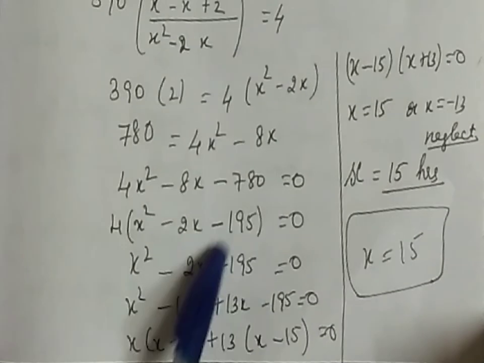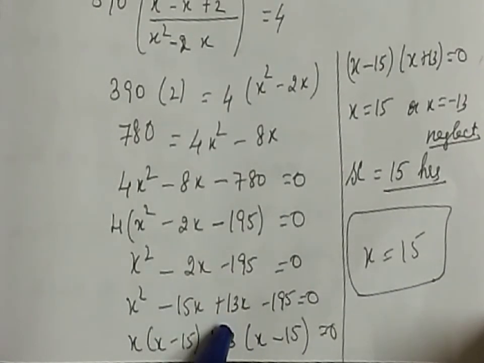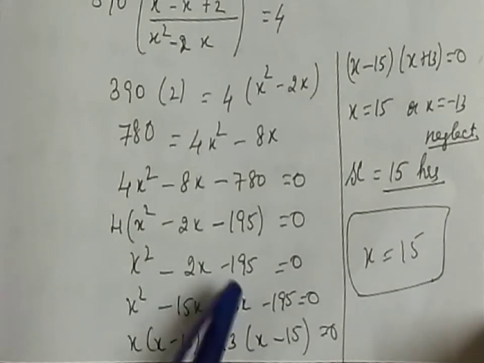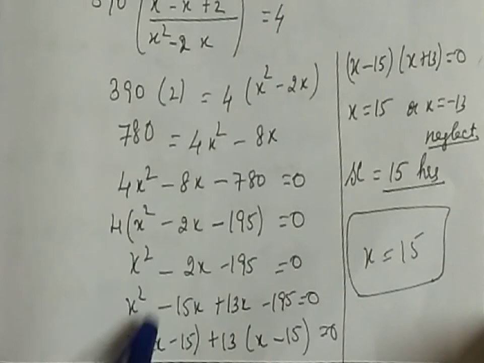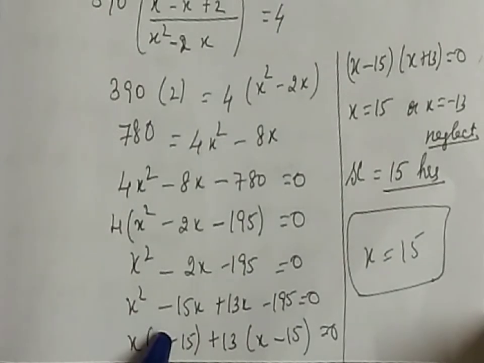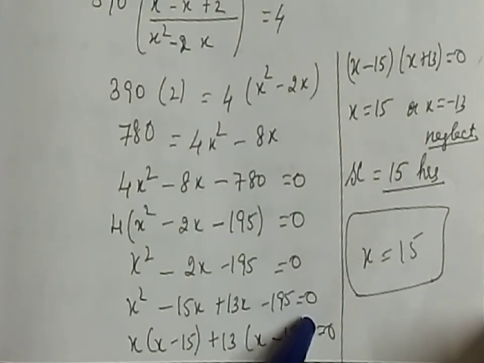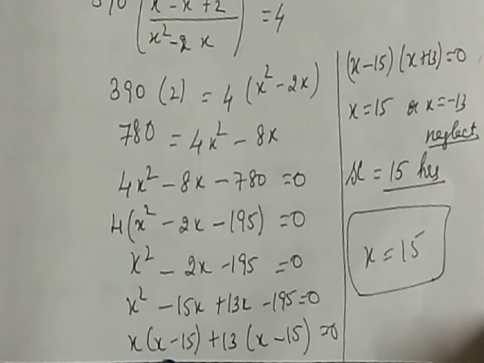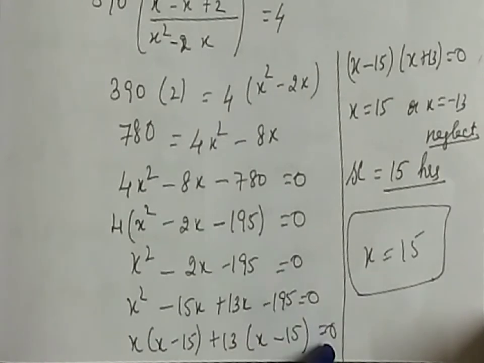Now this 195: 15 into 13, you will get 195, and 15 minus 13, you will get 2. Now see, x squared minus 15x plus 13x minus 195 is equal to 0. Then x into x minus 15 plus 13 into x minus 15 is equal to 0.